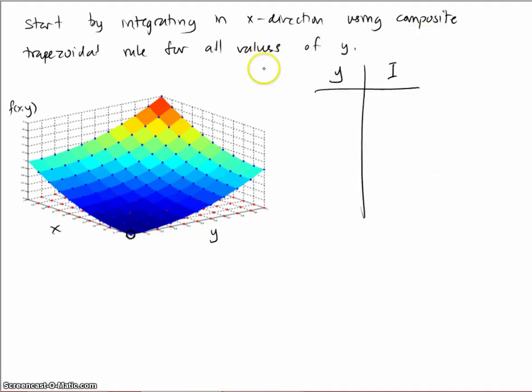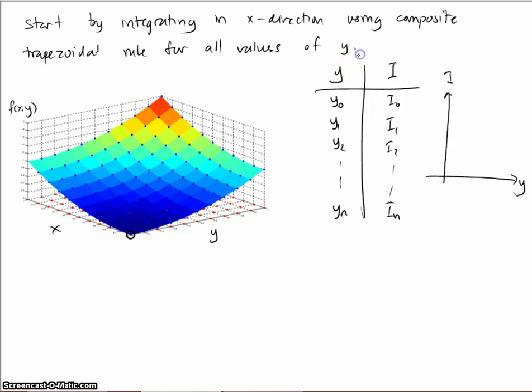From your first step, you get all these values of I corresponding to different values of y. In order to estimate the double integral, you want to integrate in the y direction. In this table, you have your y and your I, so each of these corresponds to a different value of I against y.